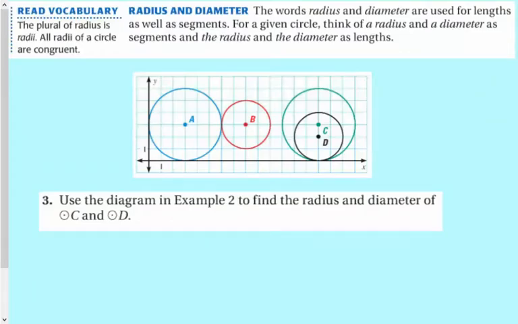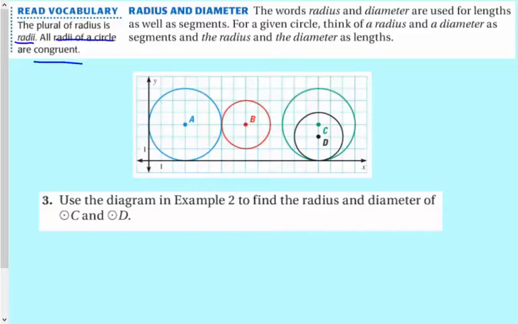Radius, diameter, they just want us to calculate the radius and the diameters of a few of these circles here. Just so you guys are aware, the plural of radius is radii. And all radii of the same circle are congruent because they're all the same length, of course.